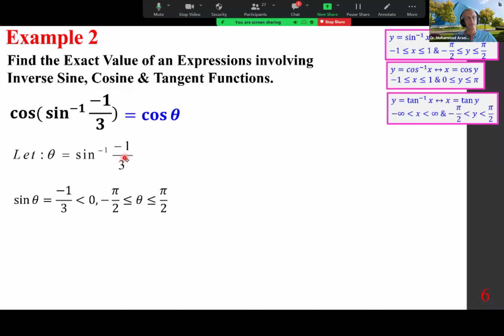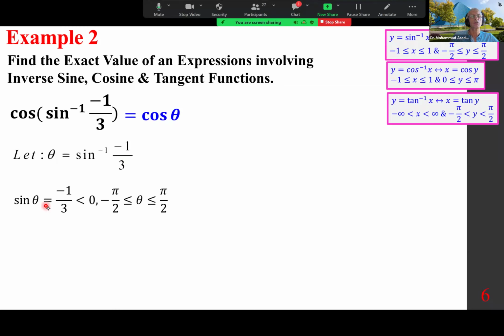Now, if sine is negative, and remember we're talking about the sine inverse, we know exactly which quadrant, because theta is between negative pi over 2 and pi over 2. Remember the choice for the sine inverse.